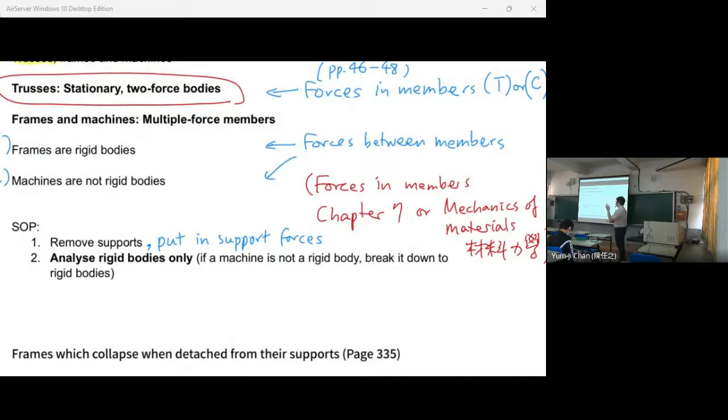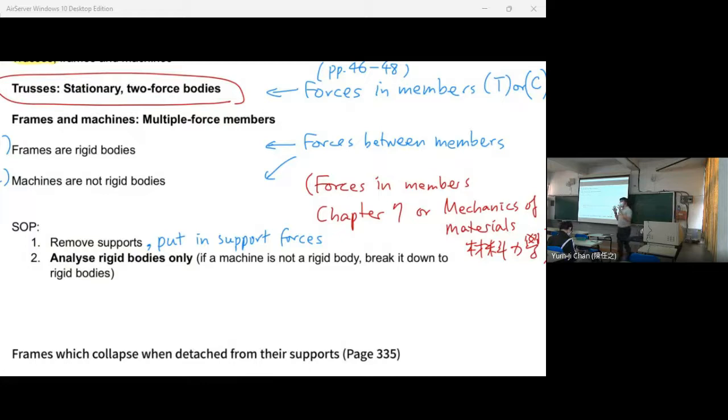After you put in the support forces, make sure that we analyze rigid bodies only. So in the free body diagram, the thing you are showing should be a rigid body. I'll give you an example in a moment.